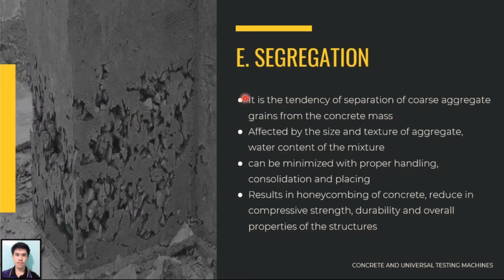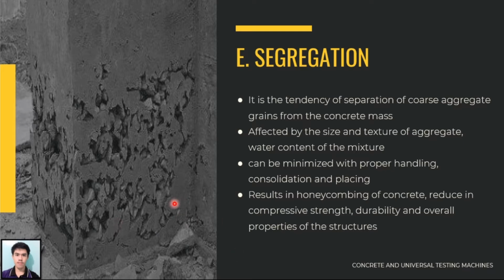E. Segregation. It is the tendency of separation of coarse aggregate grains from the concrete mass. It is affected by the size and texture of aggregate and water content of the mixture. Can be minimized with proper handling, consolidation, and placing. So, paano ba ito nangyayari?